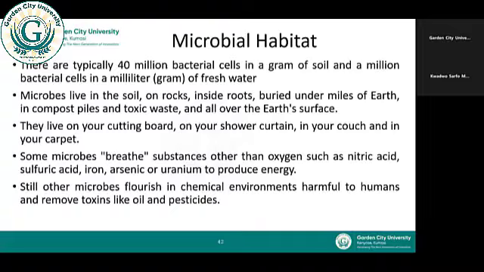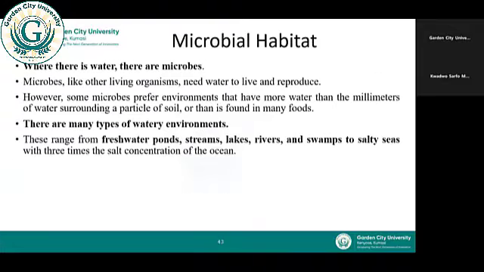So not all microorganisms are harmful. Just a few cause diseases. And the few that cause diseases, they are even suffering. There are many. So anywhere you find yourself, be conscious of your environment, because microorganisms are there.